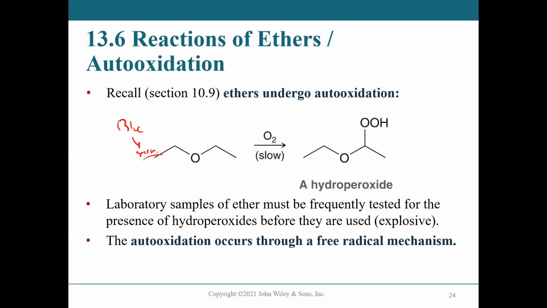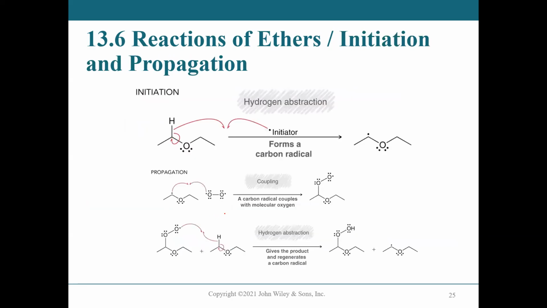So the auto-oxidation occurs through a free radical mechanism. I'm going to show the free radical mechanism on the next slide, where you have your initiation, propagation, and finally termination. So remember, this is a homolytic cleavage. We have our initiation with our hydrogen abstraction. It forms a carbon radical.